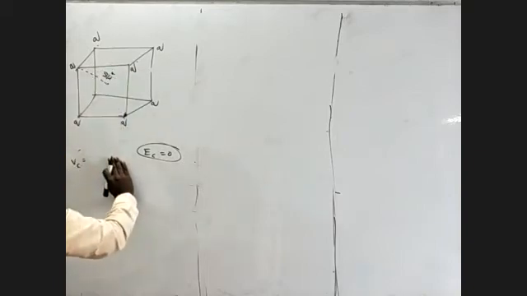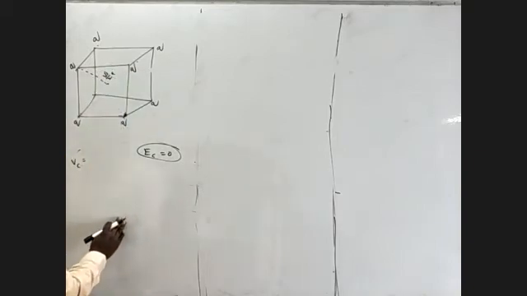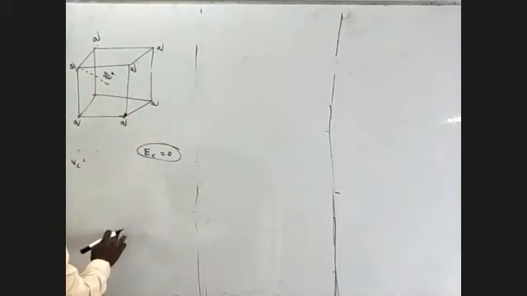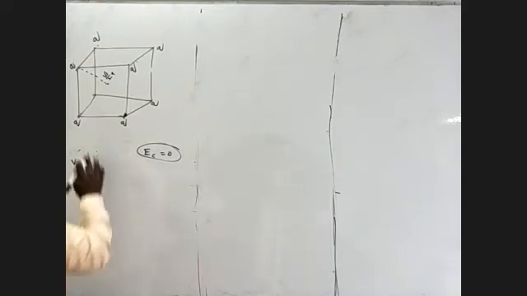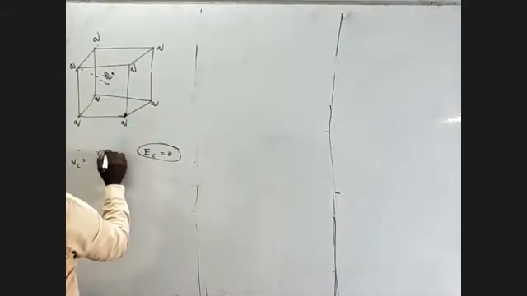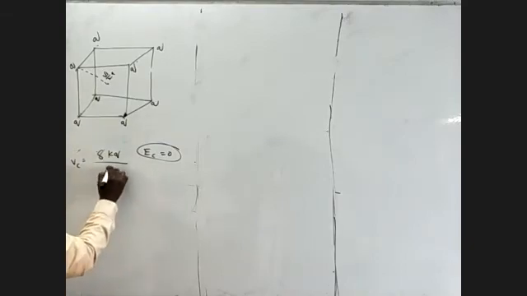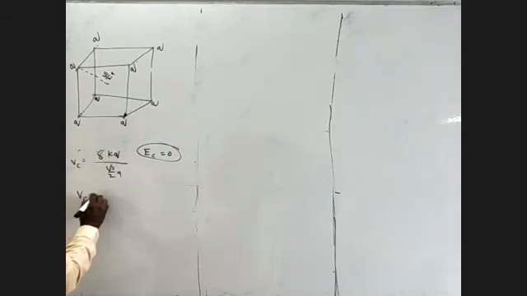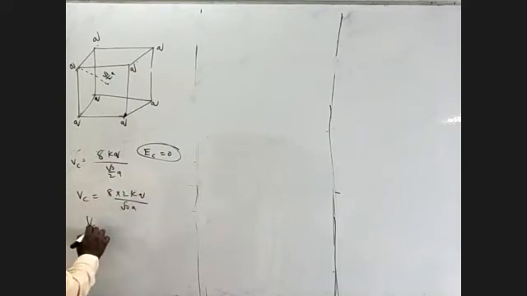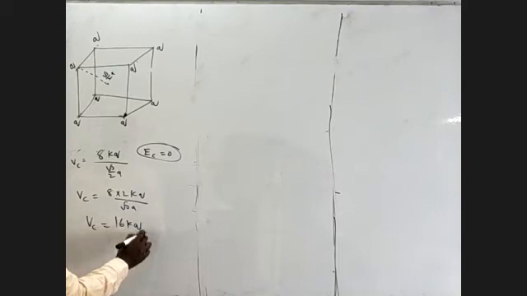How many charges do we have? 1, 2, 3, 4, 5, 6, 7, 8, so 8. So VC is equal to 8 into 2 into kq by root 3 a, that is 16 kq by root 3 a. This is your answer.